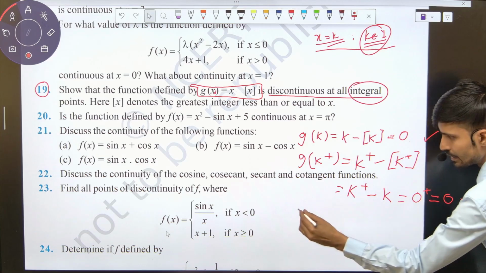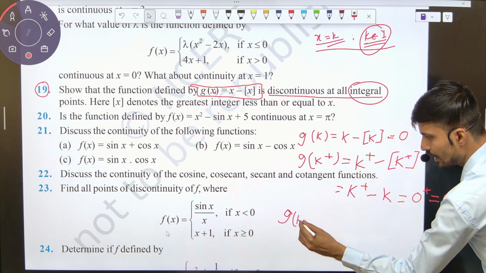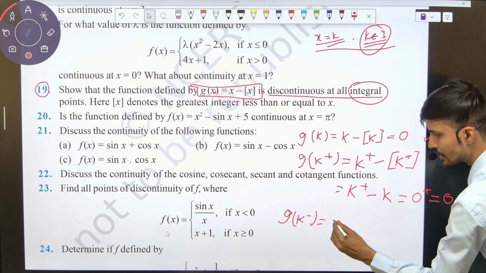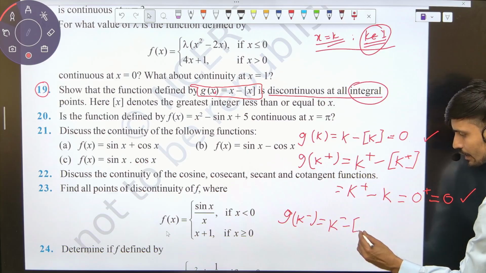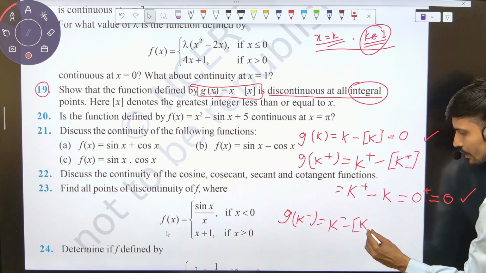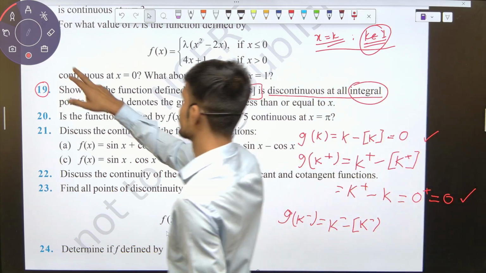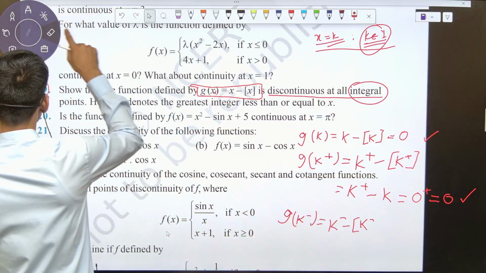Now let's see g of k minus. Very good. This is going to be the interesting one. k minus minus greatest integer of k minus. Now you have to think in the same way.